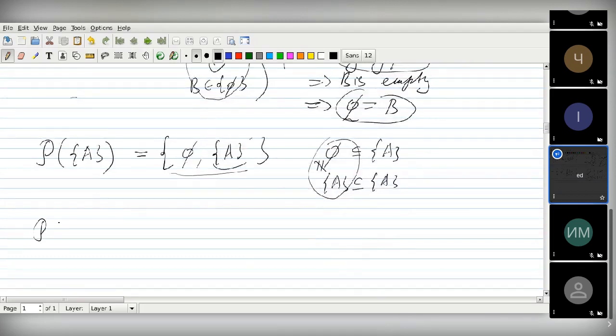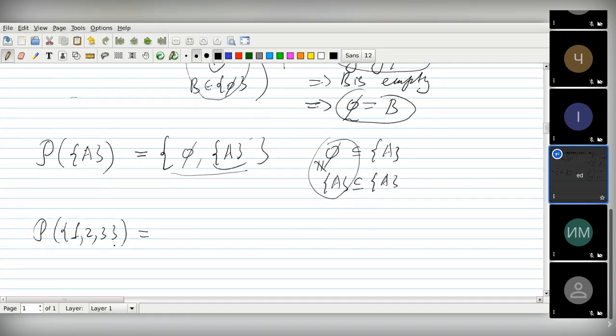And what if you take three elements, say 1, 2, 3? Which subsets will you obtain? As usual, the empty set, as it is a subset of any set.